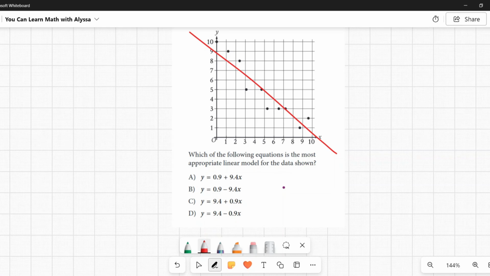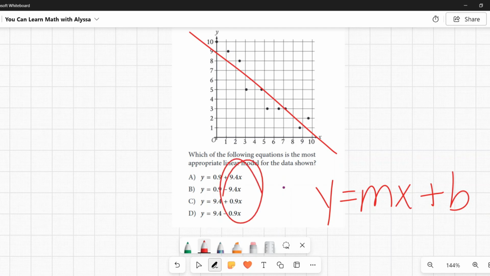The one sort of wrinkle that comes in this one is that while at first glance it may appear that they are in y equals mx plus b or slope-intercept format, not quite. They've put the x's last and those b's are first. So just be aware of that. Our slope, our x's are here. These are our y-intercepts. And what do we have?